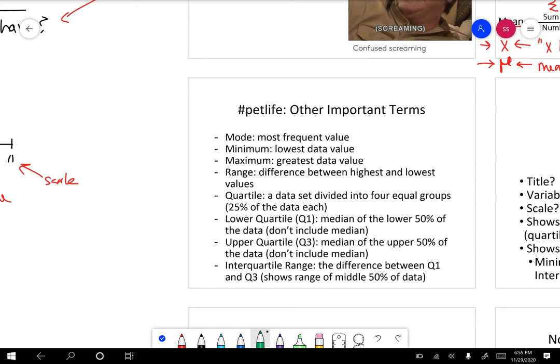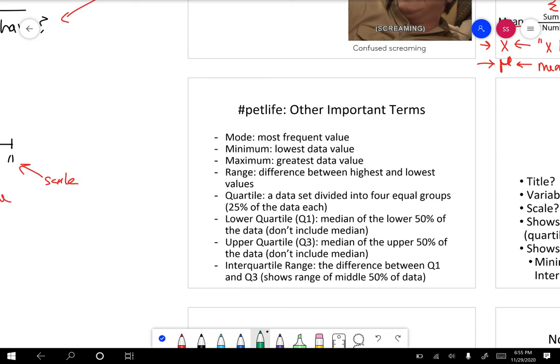So that means which one occurred the most. If we were to look at our data, we would see that the most frequent number of pets would be 1 and 2. Right? 3 people have 1 pet and 3 people have 2 pets. So that'd be our mode, 1 and 2.